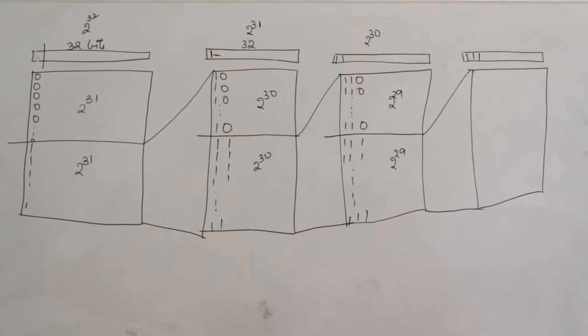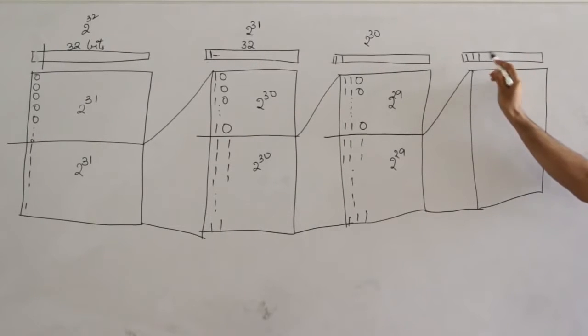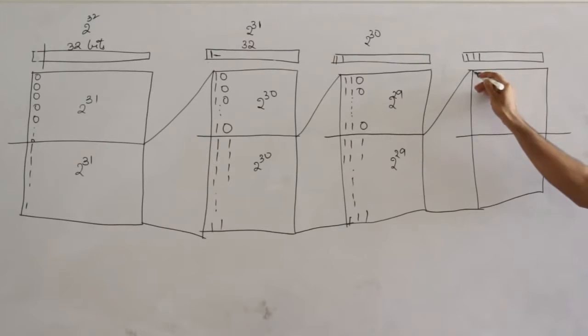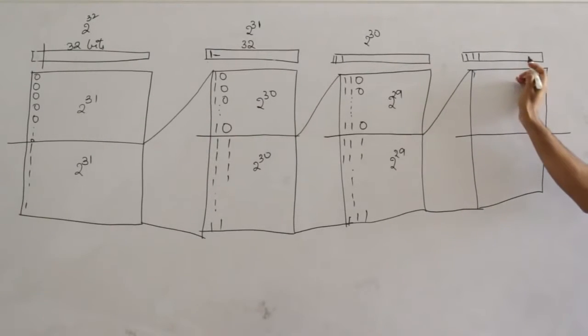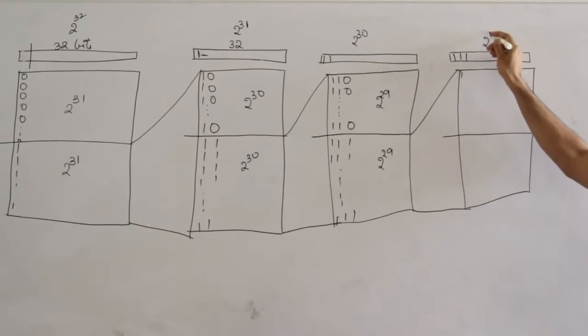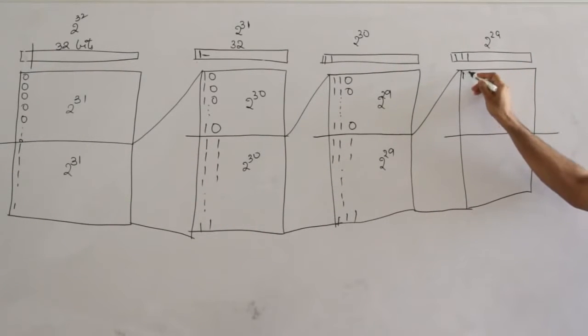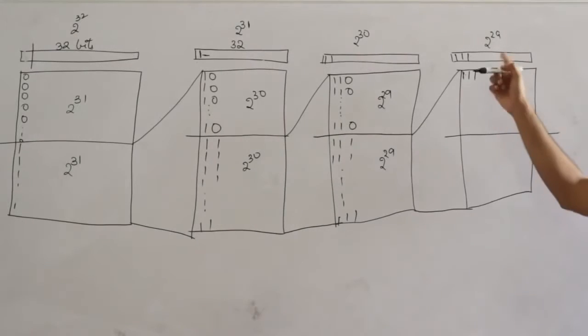If I choose the fourth bit, then I am dividing the entire number space into two halves, right? The total number of bits remaining is 29, therefore the size of this entire number space is 2 power 29. Now the first bits are already 111, and now I have chosen the fourth bit.